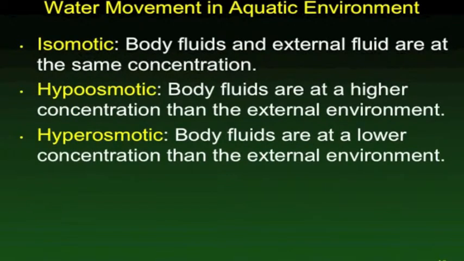Generally speaking, there are three environments that aquatic organisms live in. We refer to them as isoosmotic, hypoosmotic, and hyperosmotic. And these get confusing sometimes. We can refer to isoosmotic as having the same concentration of water and salt inside the body as outside the body.